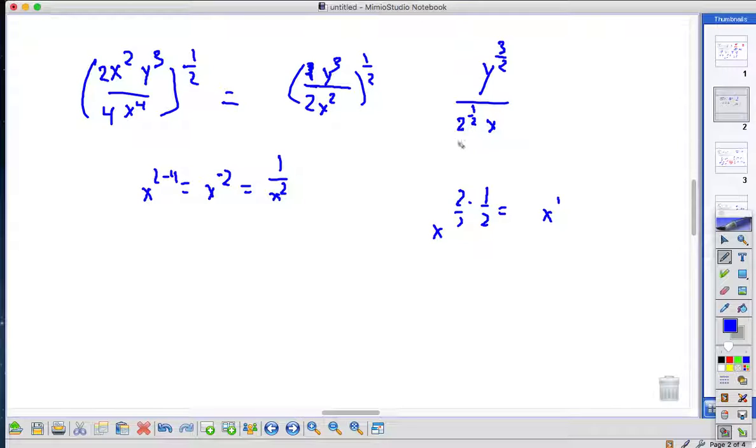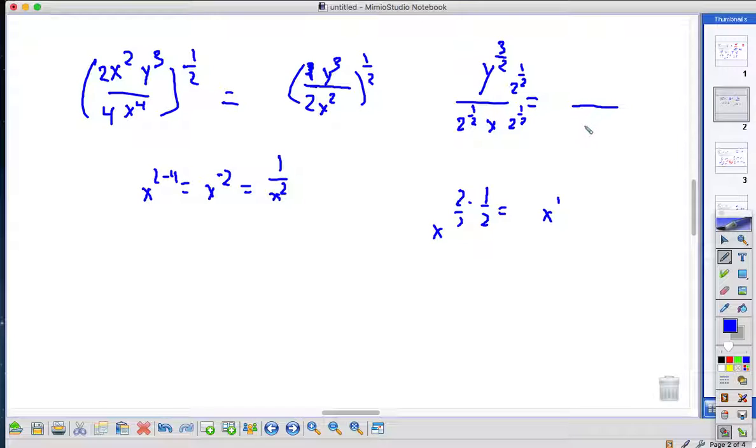Okay, and lastly, I don't want to have fractional exponents over here, so we're going to multiply the bottom by 2 to the 1/2 power, and if I do it on the bottom, I have to do it to the top. And the reason is I want to add these up, and 1/2 plus 1/2 is 1, because this is the rule where we add exponents, because this is a multiply problem.